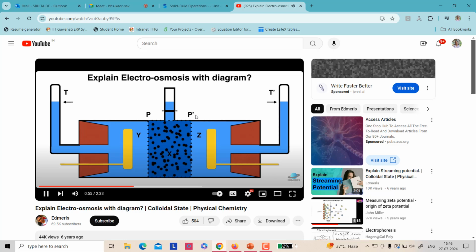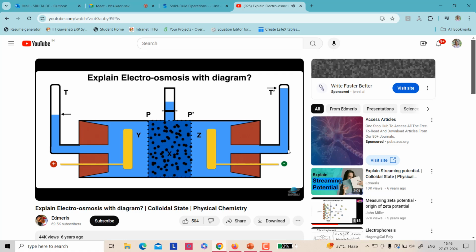The levels of the dispersion medium in the capillary tubes T and T' are noted. When a potential is applied at the electrodes, there will be flow of dispersion medium from one side to the other. This can be observed by looking at the levels of dispersion medium in the capillary tubes T and T'. The level of dispersion medium is observed to fall on one side and rise on the other side.